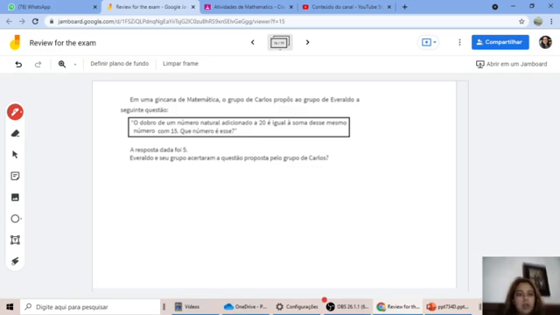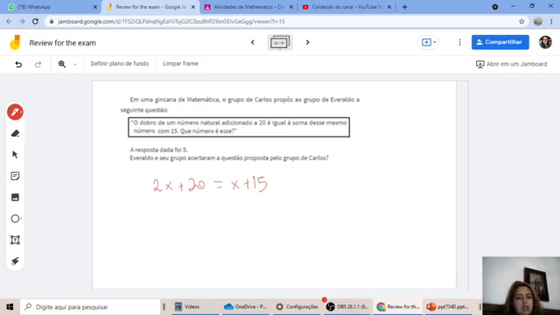Now, in a math game, a group from Carlos proposed to the group of Everaldo the following question. The double of a natural number added by 20 is equal to the sum of this same number plus 15. Which number is this? So, the answer was 5. Everaldo and his group got it by Carlos.